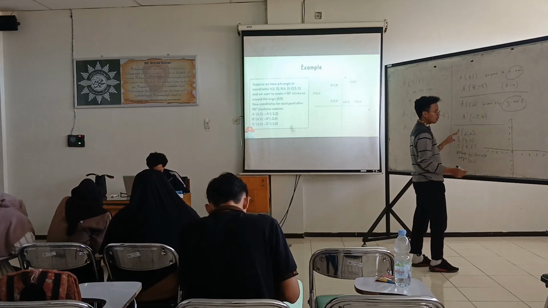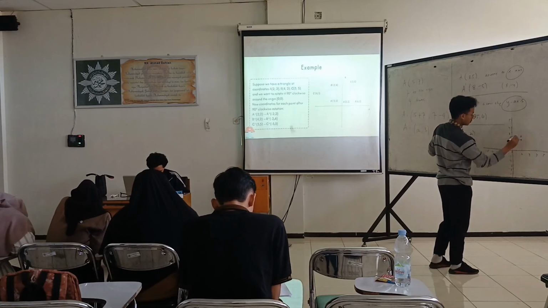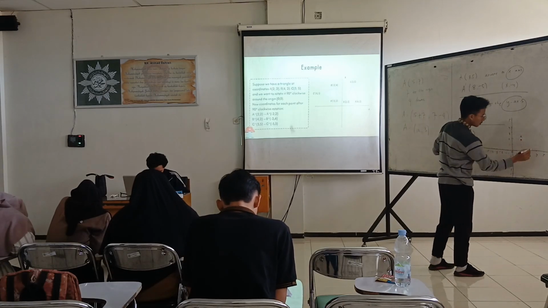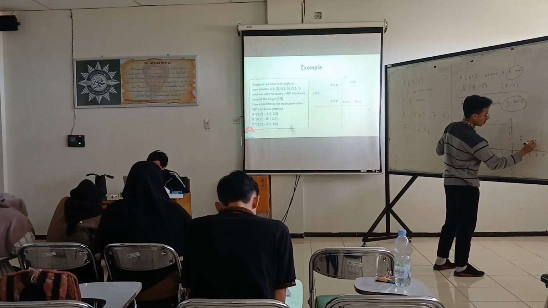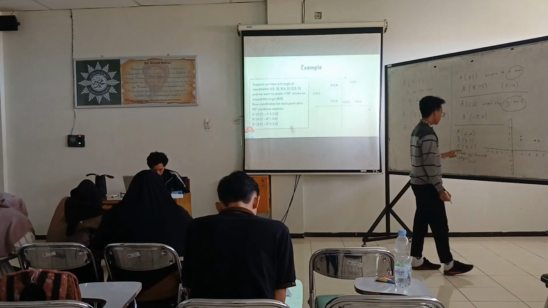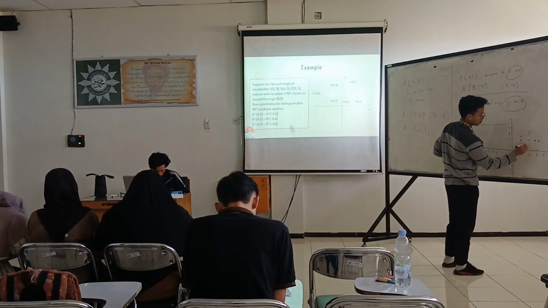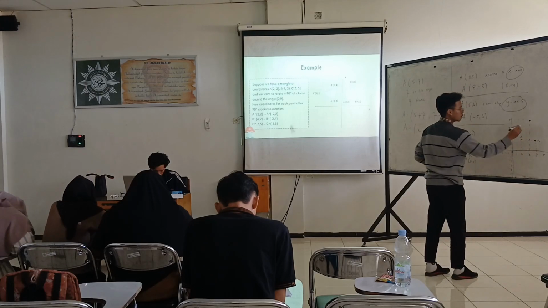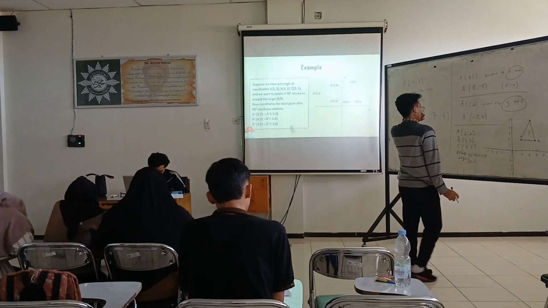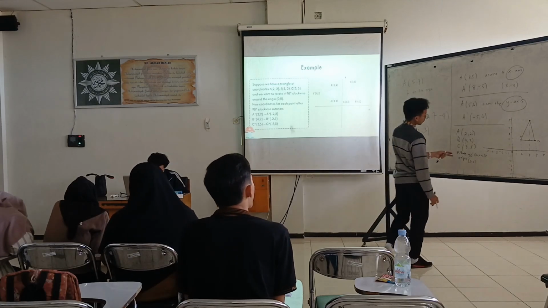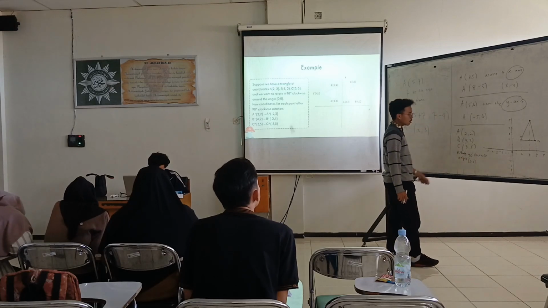So we have point A (2, 2), point B (4, 2), and C is (3, 5). So this is the triangle we have. And then we want to rotate this 90 degrees clockwise, and the origin is (0,0).